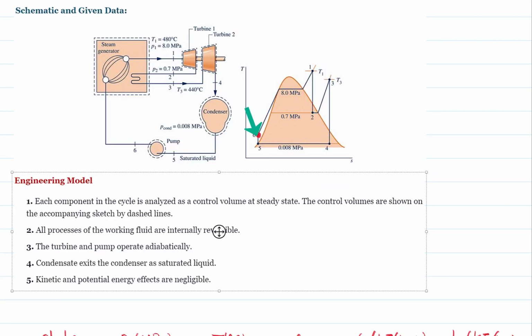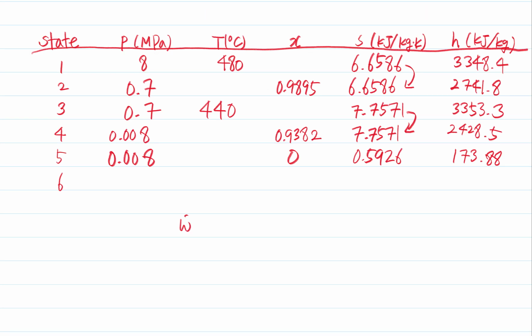At state 6, the pump work is given. So pump work W dot over M dot is H6 minus H5.